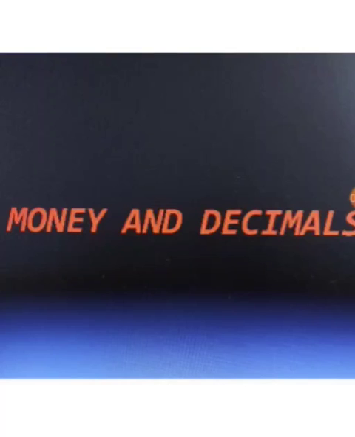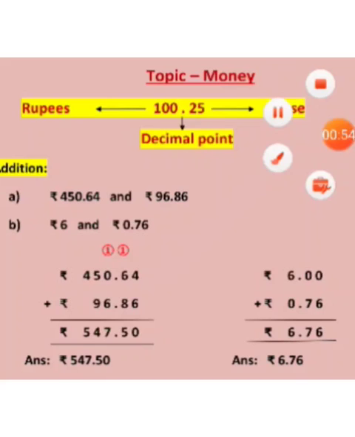Today we will learn how to do addition, subtraction, multiplication and division of money. Okay, so let's start today's worksheet. Look at today's worksheet. Here I am going to show how to do addition of decimal numbers and mainly addition of money.